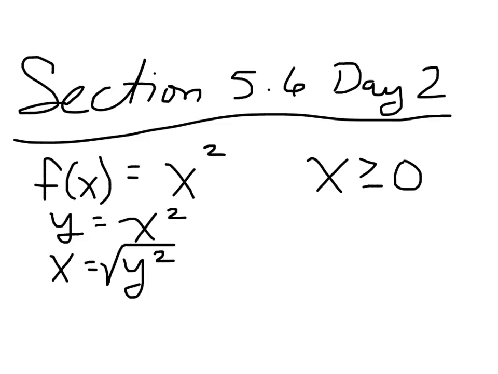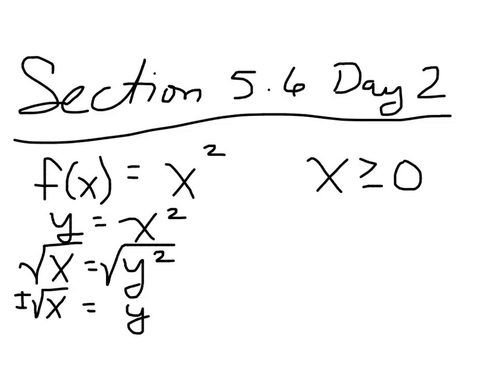And when you square root it, what do you get? I get y equals, what on the left side? Thank you, Bryce. Plus or minus the square root of x.